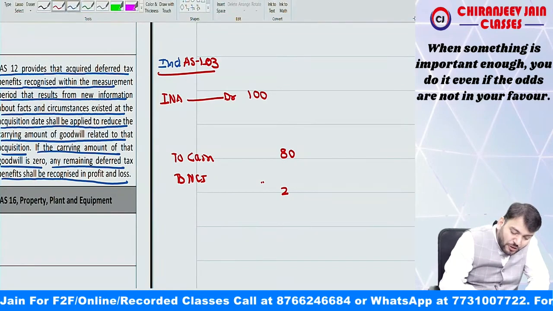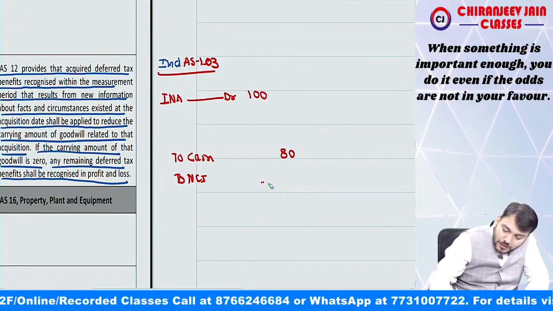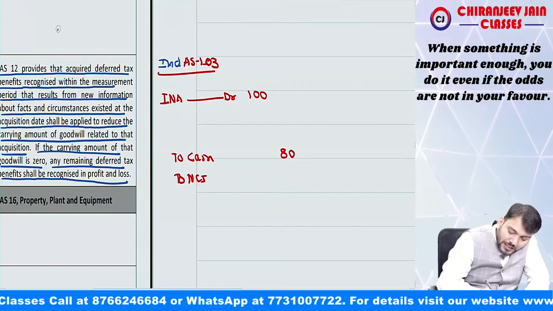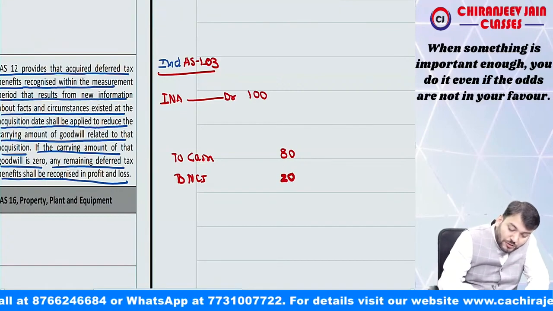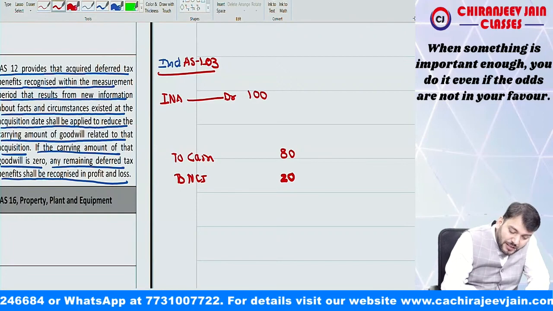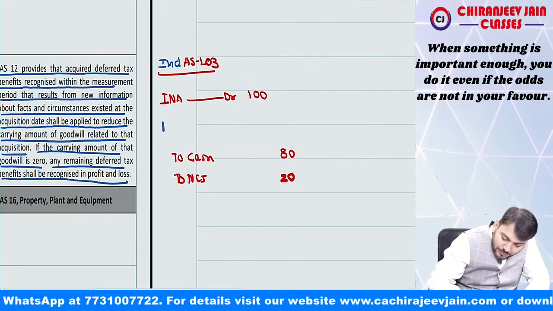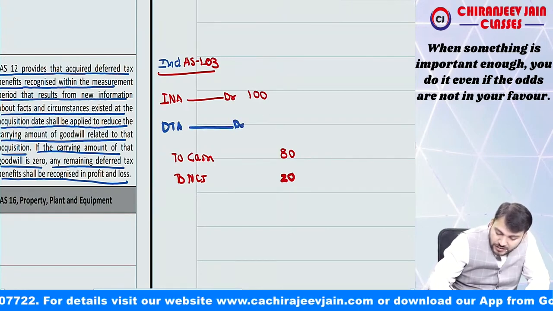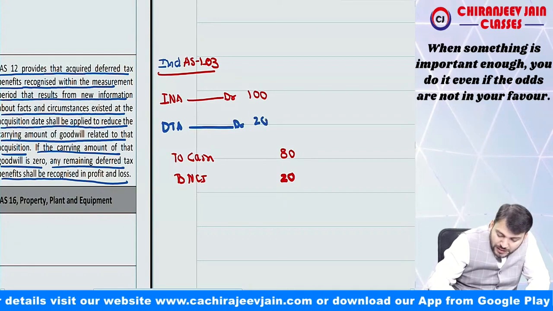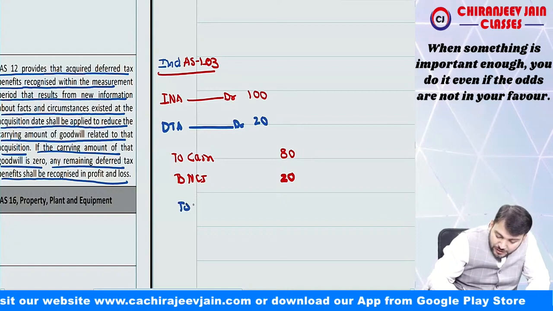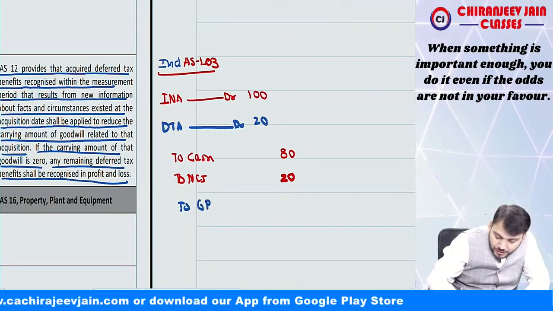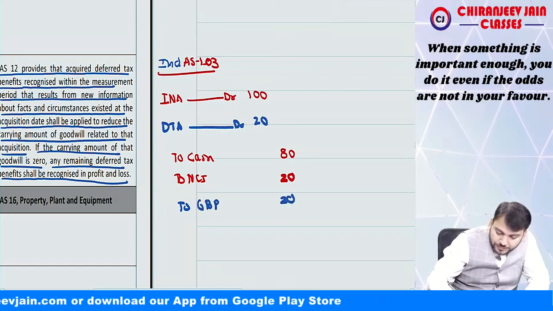So you can see goodwill is zero. Understood? The goodwill is zero. Correct now. So suppose we recognize any DTA, suppose 20. So this DTA will give rise to gain on bargain purchase 20.